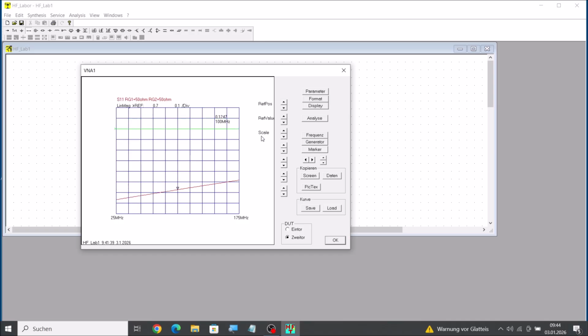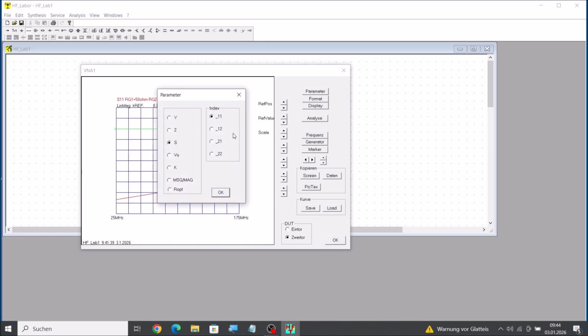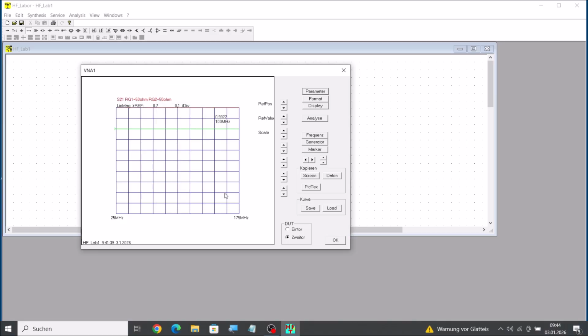Now I want to come to the parameter S21 in a linear scale. And of course, I will change the reference position. So we have here the reference value of 0.7. Perhaps I change the reference value again and the reference position.